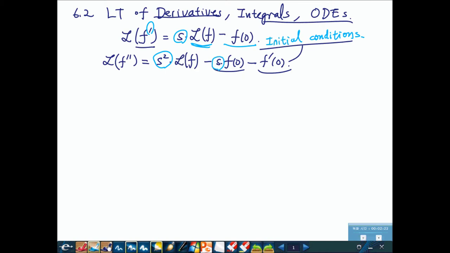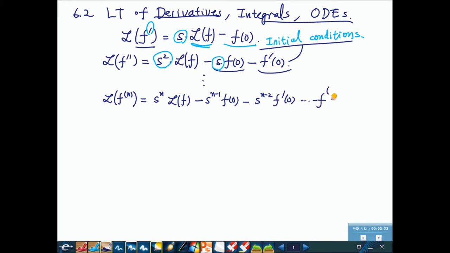If you extend it to nth order, f to the n, then s to the n, because we have the same n power, times L of f, minus s to the n minus 1 f of 0, minus s to the n minus 2 f prime of 0, and so on, up to f to the n minus 1 of 0.